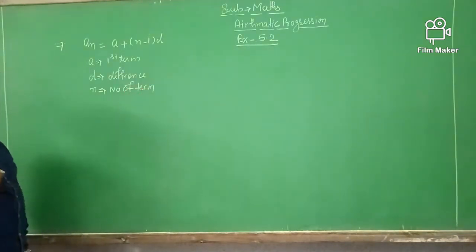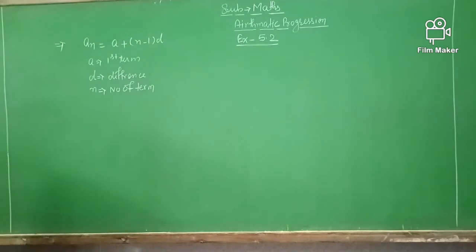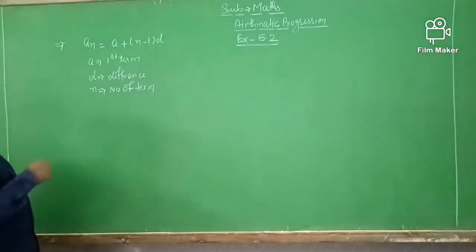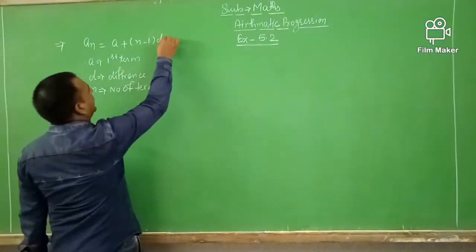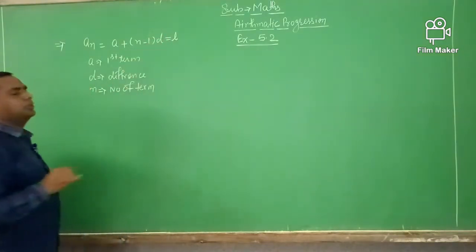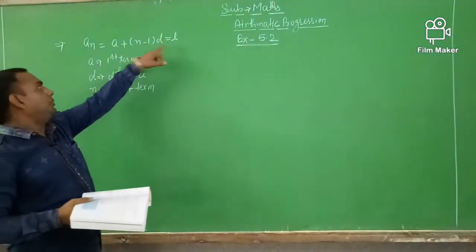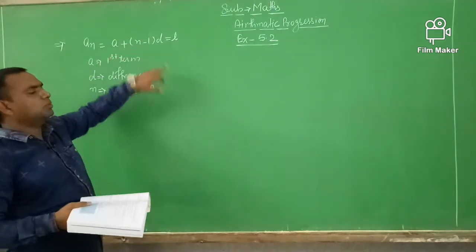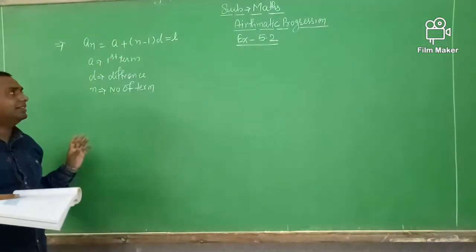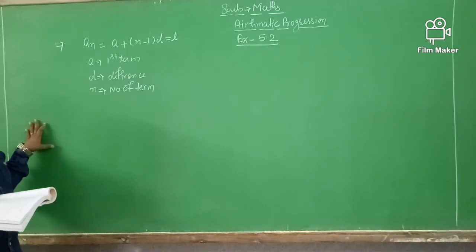If you want to find out the last term, similarly this is the formula. If you want the last term, then you apply the formula l is equal to a plus n minus 1 into d. This is called the last term formula.